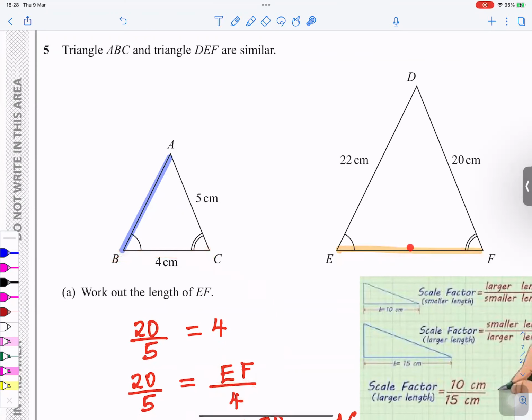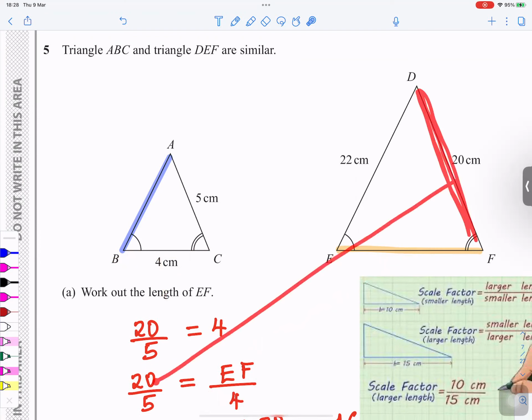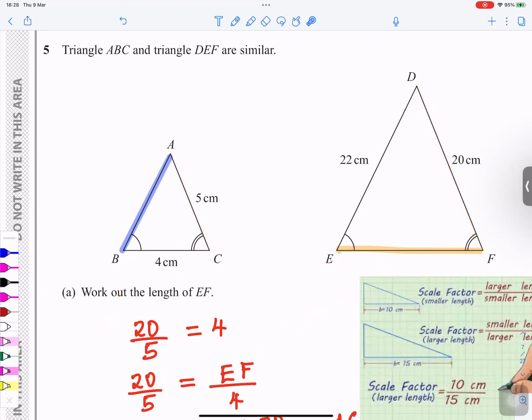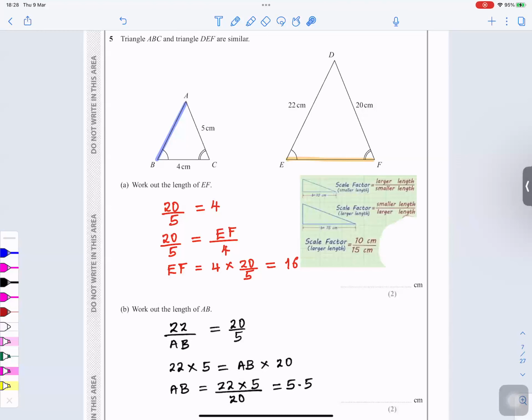So we can say the long side divided by the short side, it would be equals to the 20 divided by the 5, the corresponding sides. So it will be 20 divided by 5, which is 4, and 4 times 4 will give us the answer. So you would get EF is equals to 4 times 20 over 5, which gives you 16.